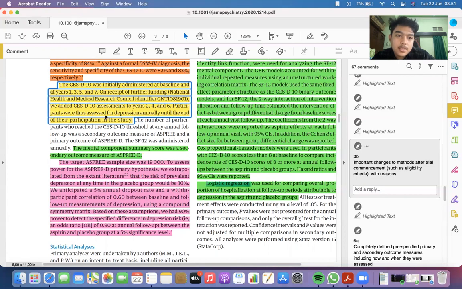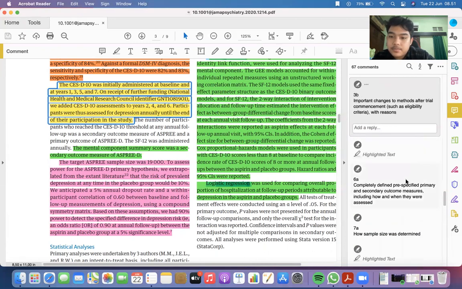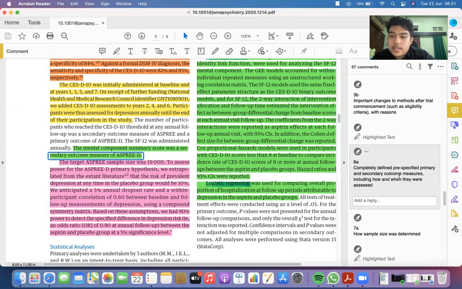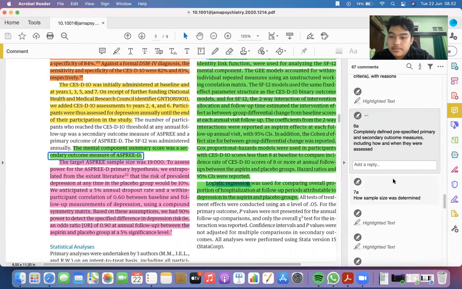Participants were thus assessed for depression annually until the end of their participation in the study. For point 6a, completely defined pre-specified primary and secondary outcome measures, including how and when they were assessed. The mental competence summary score was a secondary outcome measure of SPRD.